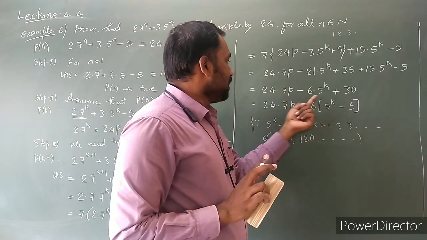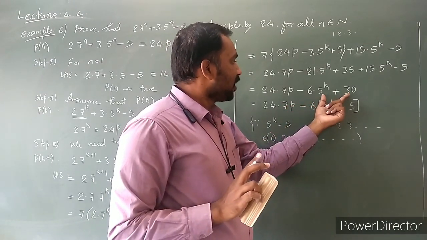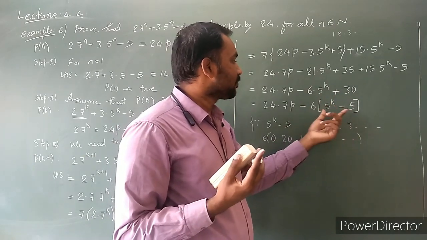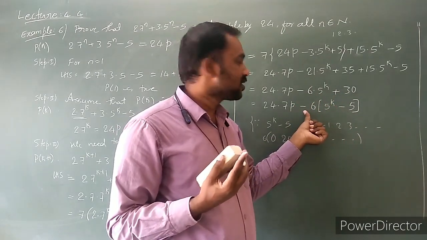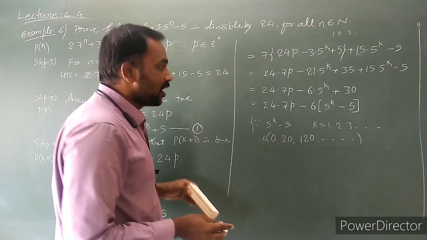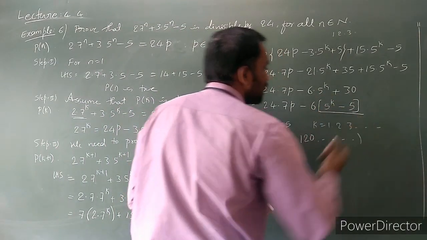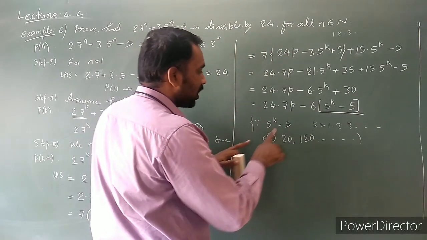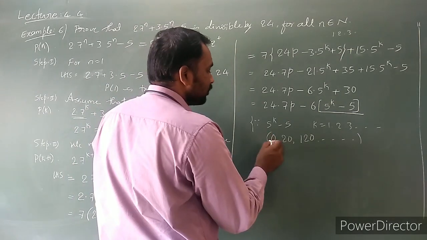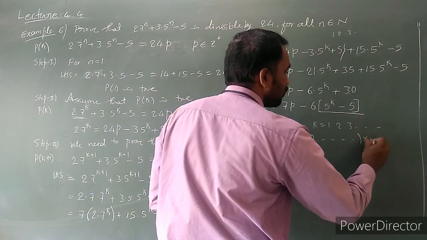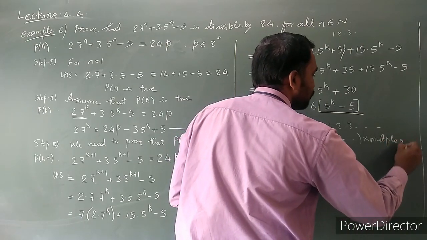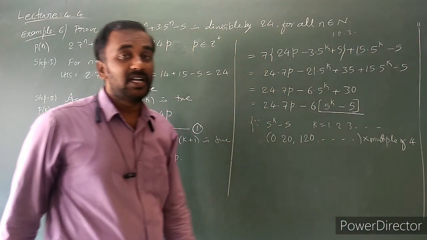Next, here I want to take 24 as common. For that I am rewriting. Minus 6 is common, and 5 power k minus 5 is left. Now, after replacing the k values 1, 2, 3, the values of 5 power k minus 5 are multiples of 4.